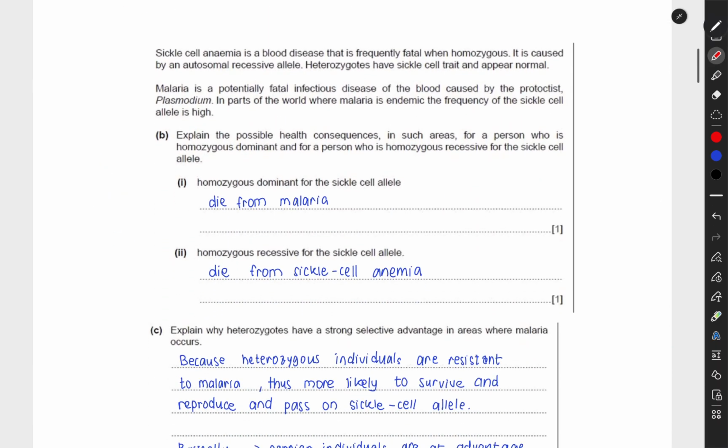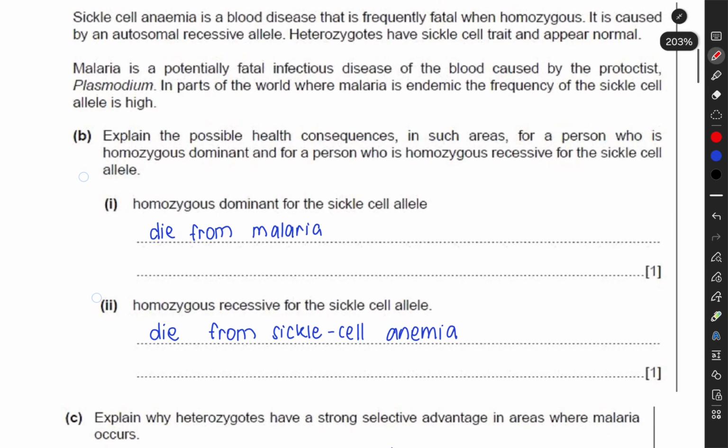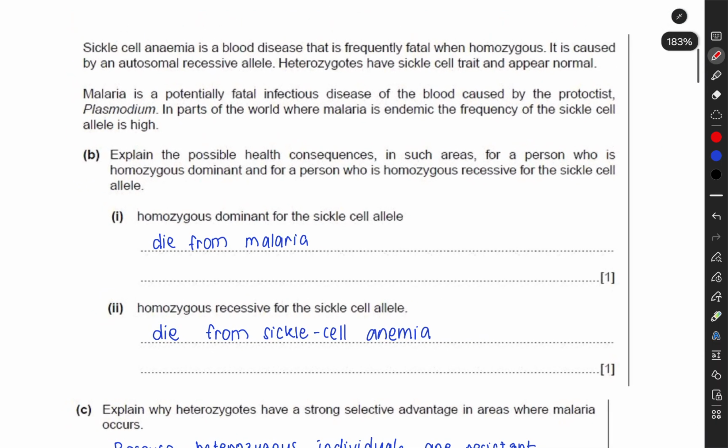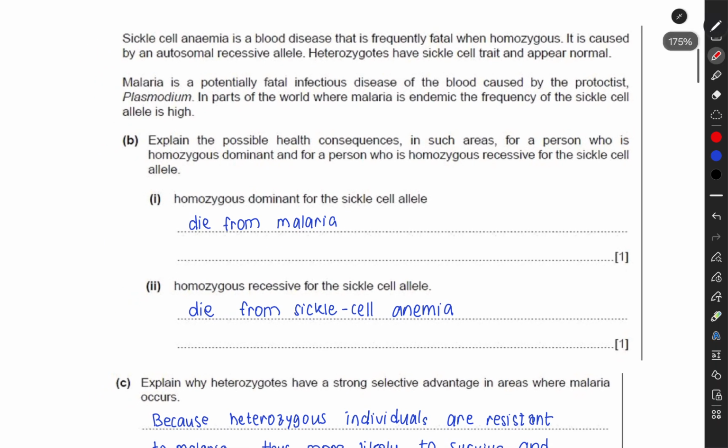Okay, let's go. I'm too lazy. Sickle cell anemia is a blood disease. Okay, you read it yourself. Homozygote dominant for the sickle cell allele is a disadvantage because you could die from malaria. Meanwhile, homozygote recessive for the sickle cell allele is a disadvantage because you will die from sickle cell anemia.